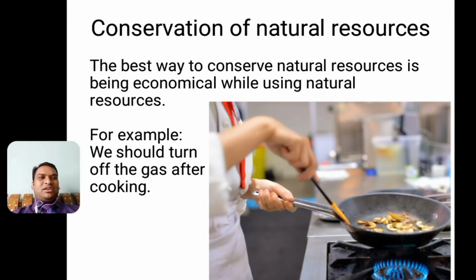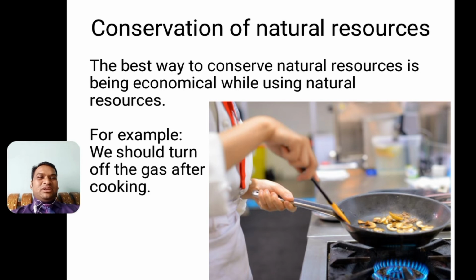Then we need to conserve these natural resources. Now the question is how we can conserve, or how we can save these resources. The best way to conserve natural resources is being economical while using them. You need to be very careful when you use these natural resources, right?